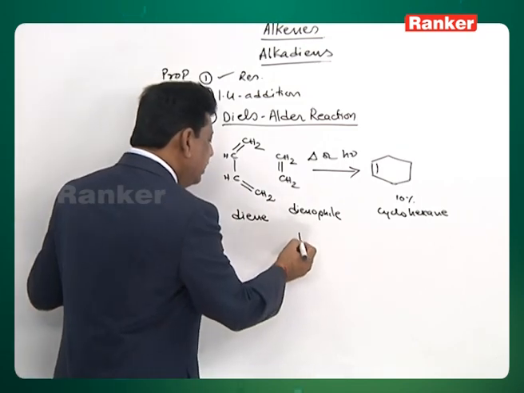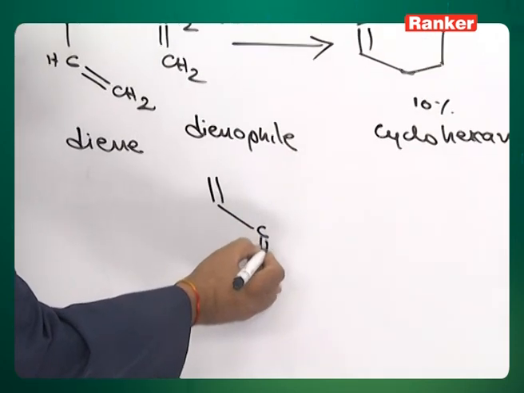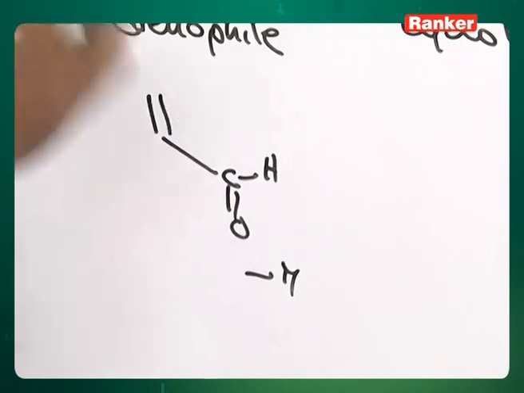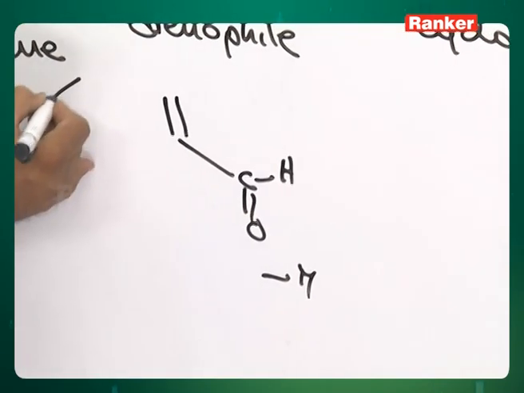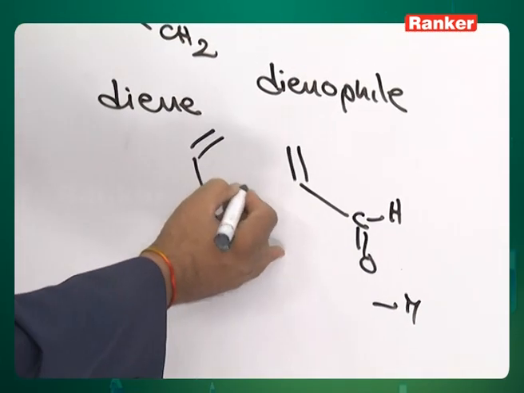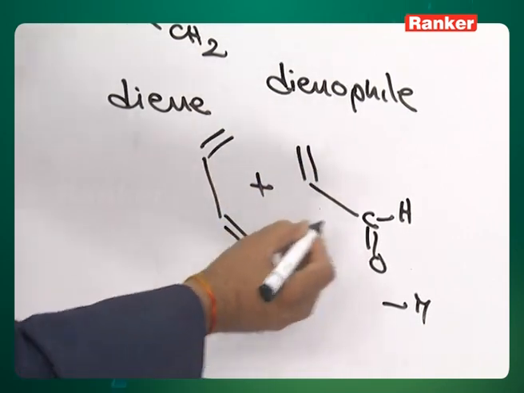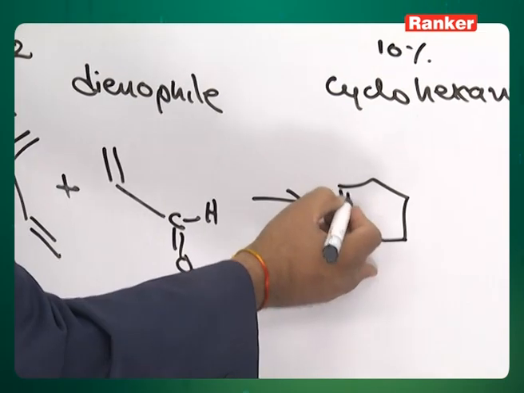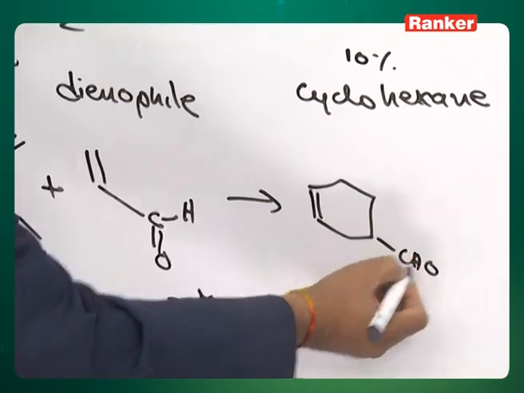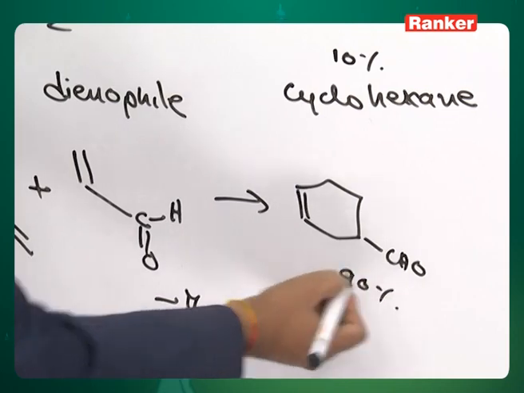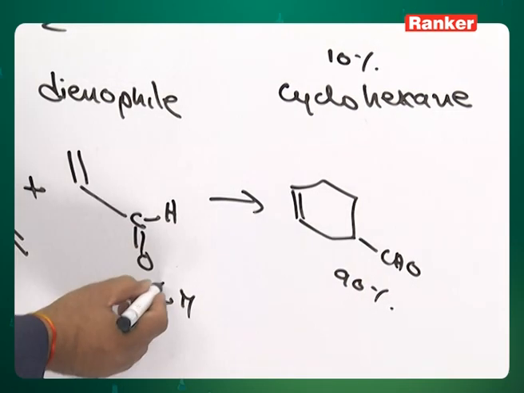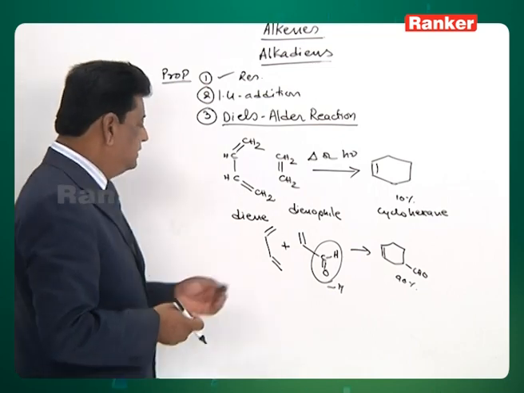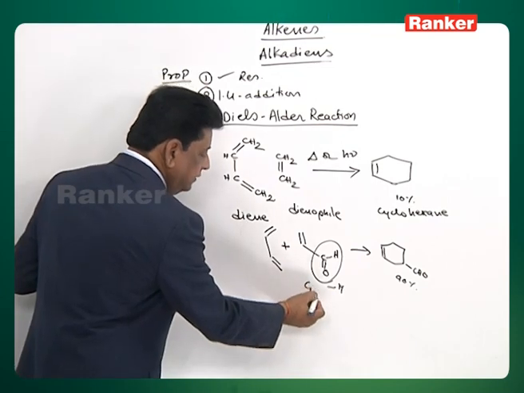But if the dienophile has some electron-withdrawing group like an aldehyde, a minus M group, on both sides or at least one side, the reaction picks up very nicely and gives a cyclohexene. This aldehyde will however remain intact. So now almost 90% reaction takes place, because of this withdrawing capacity the dienophile activity is increased, and it is said to be a good dienophile.